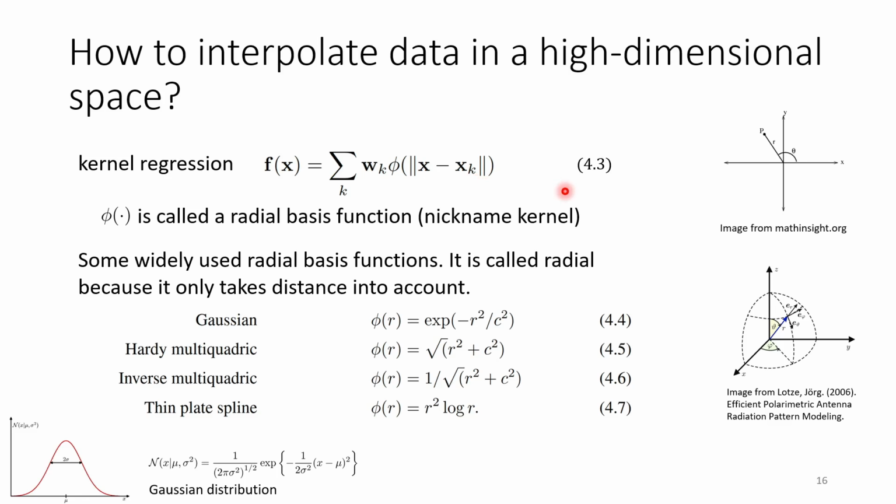Therefore, in a two-dimensional space, say if this is xk and this is x, then the radius in the two-dimensional space is just the same as the distance in this equation. Yeah, I see, but for example, for Gaussian, there is exponential of minus the distance squared divided by c squared. Yes. And what is c? Oh, c is a constant. You're welcome. All right. So what is this? Let me show you an example.